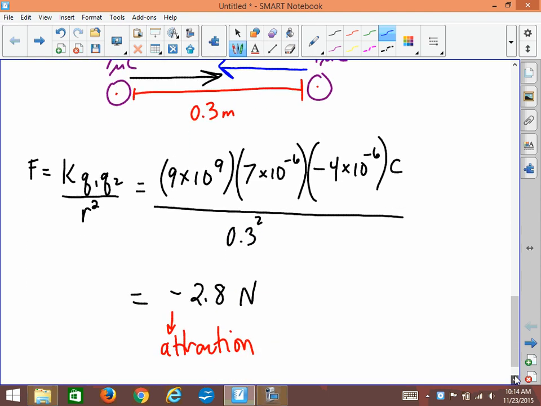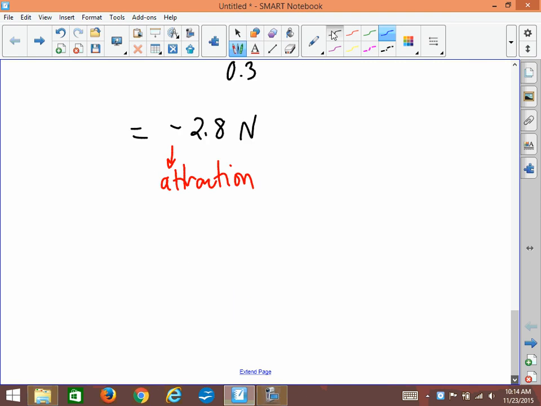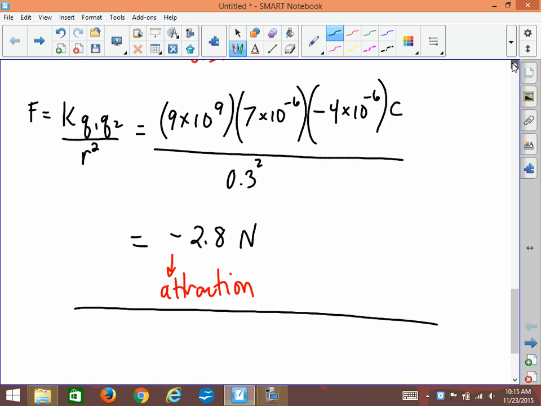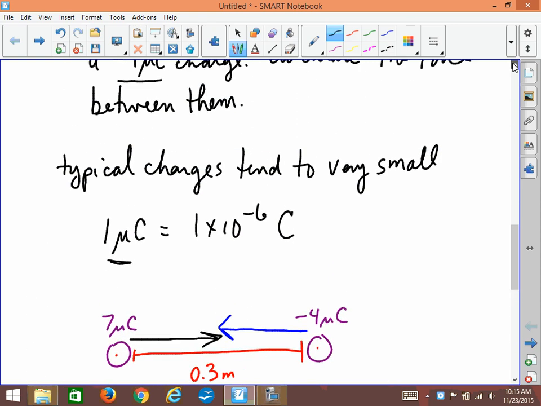Pretty straightforward, right? All right, let's add another step in here. Not necessarily, depending on what the question is asking for. This question didn't specifically say. All it said was, what is the electrical force between them?